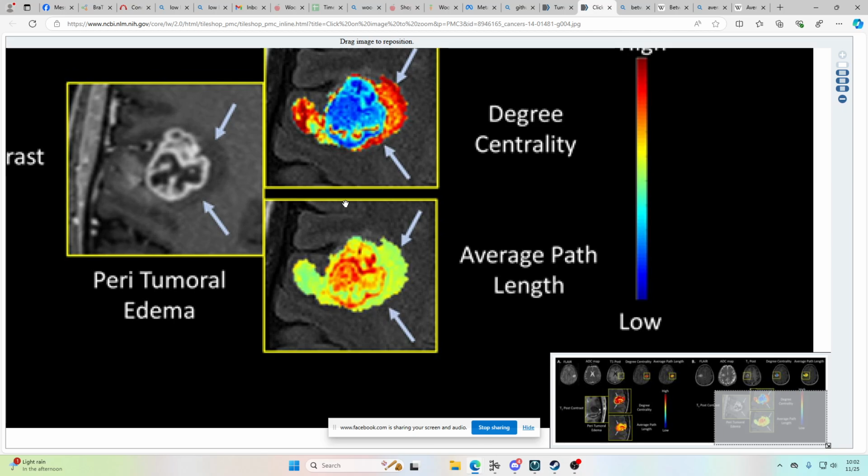And so we're trying to understand the tumor's hereditary makeup, and theoretically the graph of the tumor's connectome will give you some information about that.